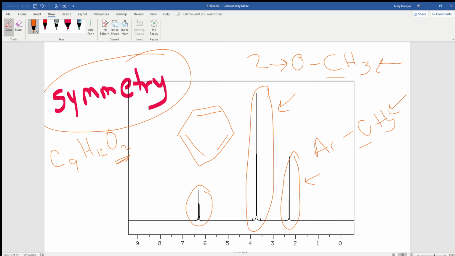Now I need to arrange these 3 groups, the 2 methoxys and the 1 methyl, on this aromatic ring so that we get only 2 different hydrogens as well as both of them being singlets. So I'm going to start out by just putting the CH3 here.